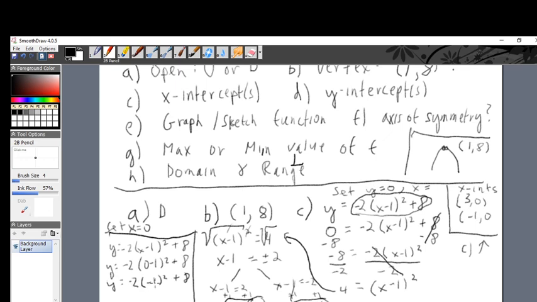And what's negative 2 times positive 1? That's negative 2. So y is equal to negative 2 plus 8, which ends up being 6. So what's the answer to D? The y-intercept is y equal to 6 when x is equal to 0.